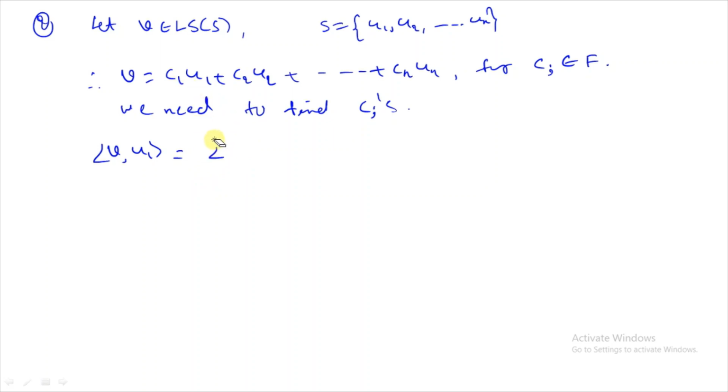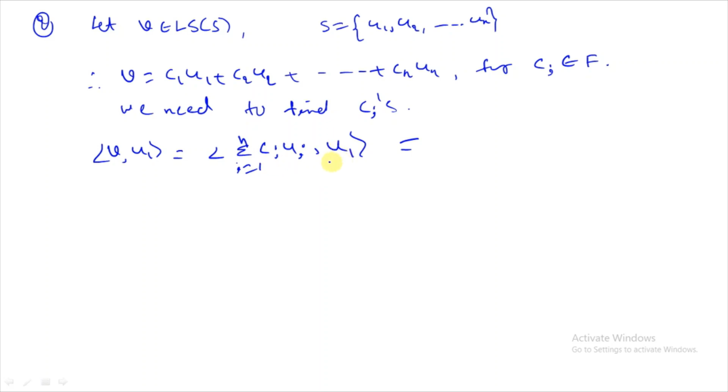This is a summation i equal to 1 to n, Ci Ui. Now this is the orthogonal set.